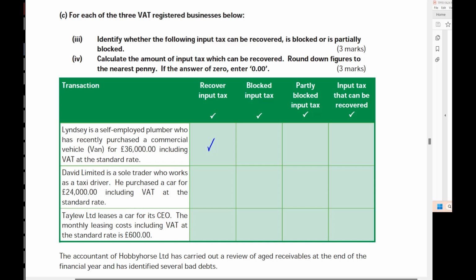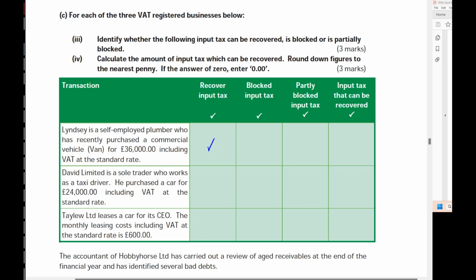So I always think of maybe like funeral cars in that example. So it is a car, but it's not one that you're necessarily just going to pop to the supermarket in or take your kids to Alton Towers in at the weekend. So you cannot recover the VAT on cars unless they have negligible personal use, but you can recover the VAT on vans and any sort of commercial vehicle.